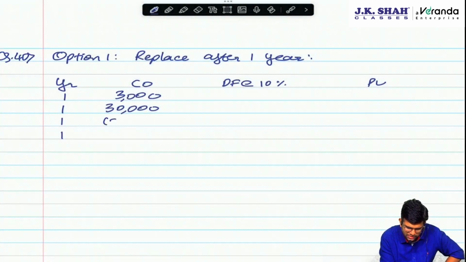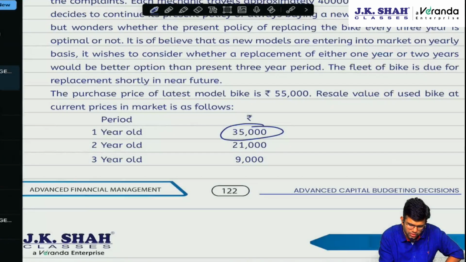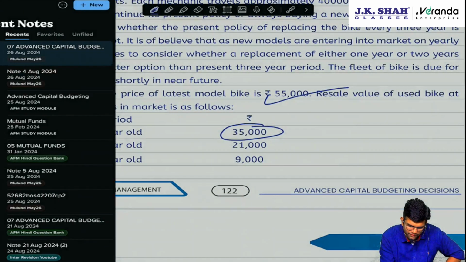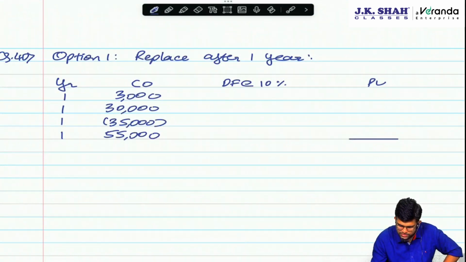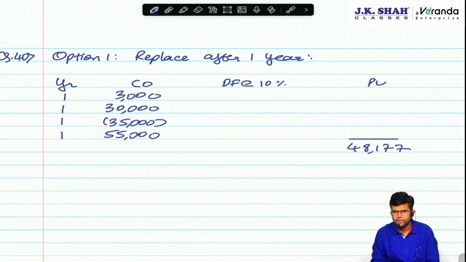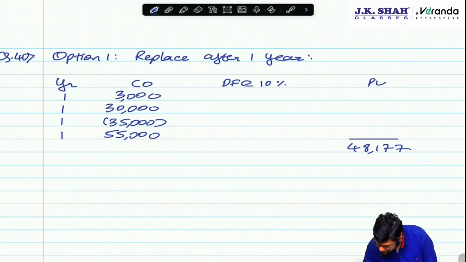And when you purchase the new bike, you will have to pay 55,000. Okay, get the present value, please. 48,177.